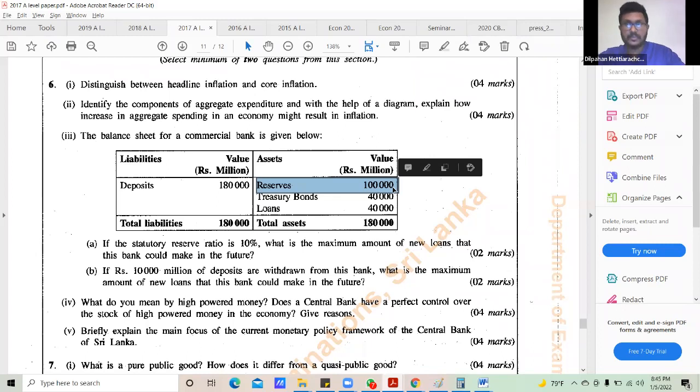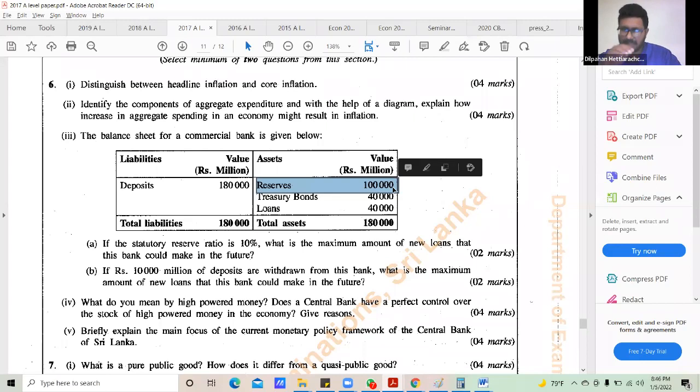Treasury bonds, they have also purchased from the government. It is also an asset, right? Assets are on the right side, liabilities on the left side. So you have one liability and three assets, and you can see the balances are tallying. This is the simplest explanation of a single bank's balance sheet, right?